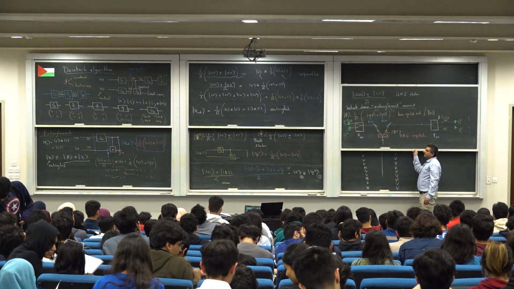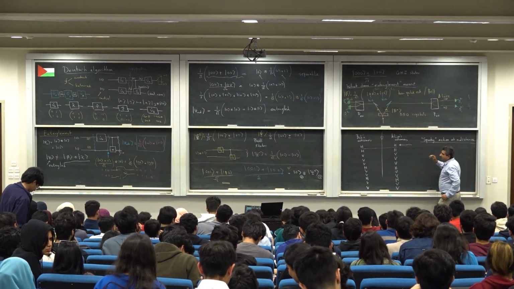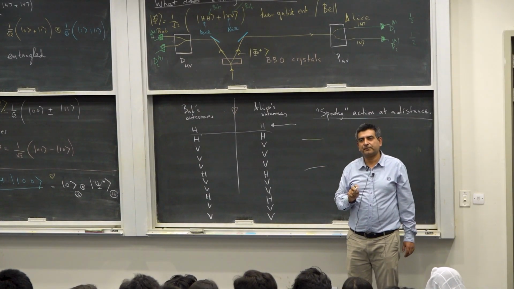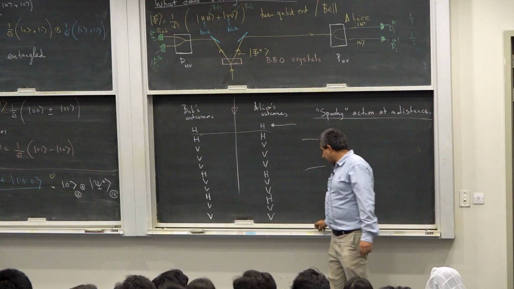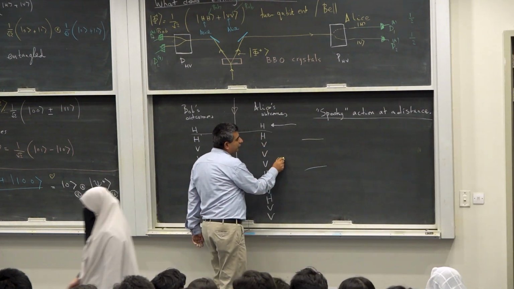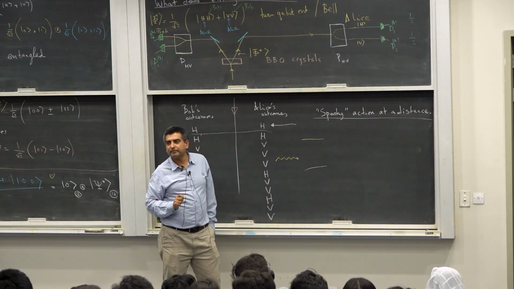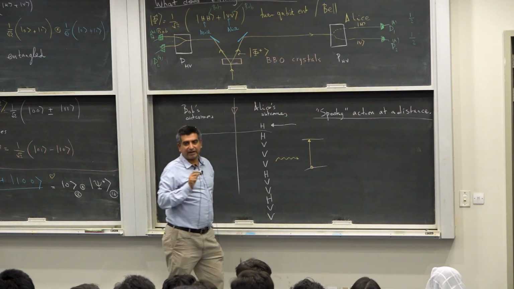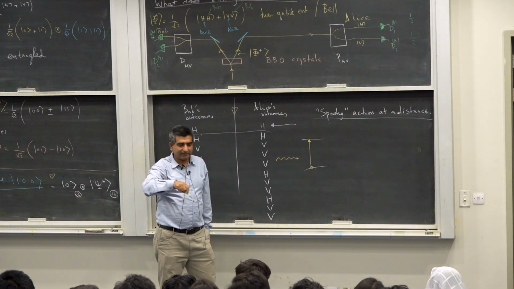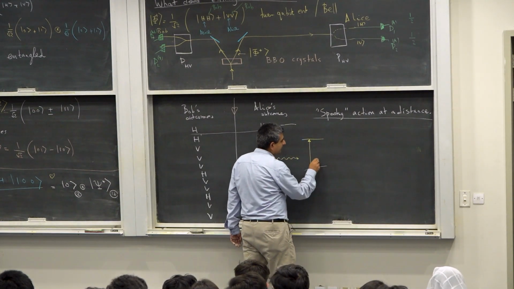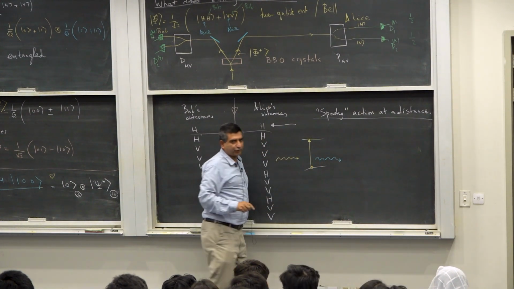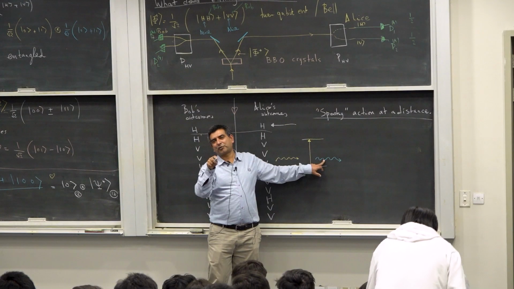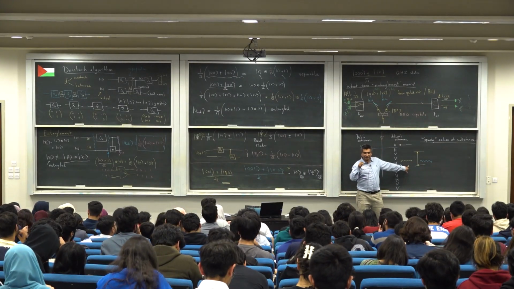So what generally happens in a BBO crystal, I didn't want to go into this, but generally, if you have two energy levels in an atom, what generally happens is you shine a photon onto this atom, an electron gets excited to a higher level, then that electron de-excites and a single photon is emitted, and the frequency of the emitted photon is the same as the frequency of the incoming photon.